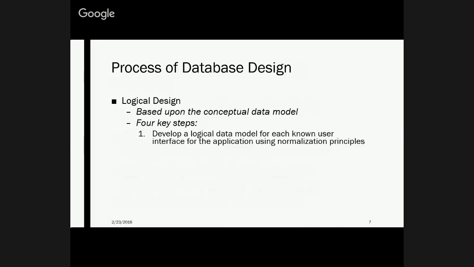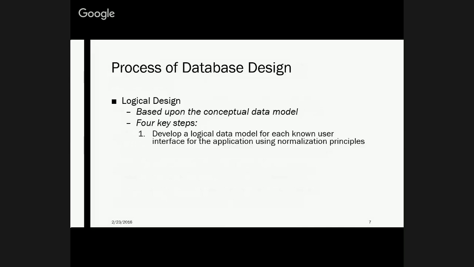So 4 steps: develop a logical data model for each known user interface using normalization principles. The idea is every piece of a user interface involves data. Where is it coming from or where is it going? So you need to have a data model that goes with each of those. Like if I pulled up orbital shift, you go to the employee page to edit employee information.